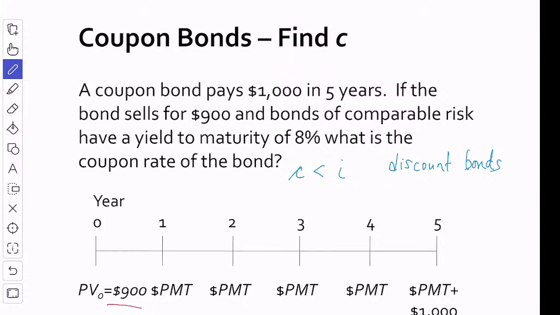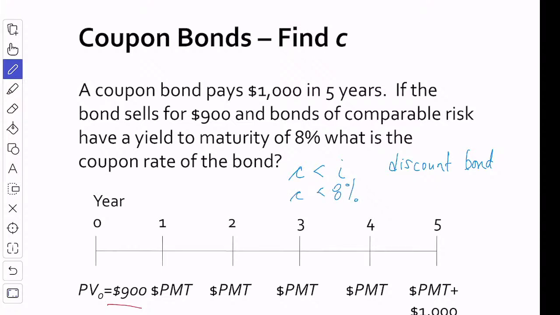It's paid with the face value. So this must be a discount bond. And right now you're told that I is 8%. So C must be less than that.